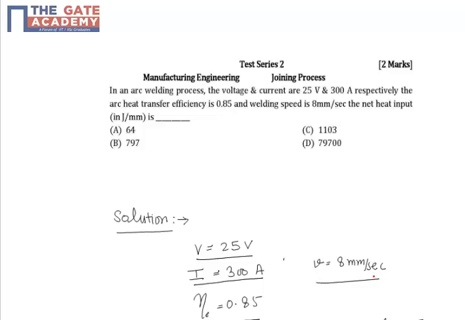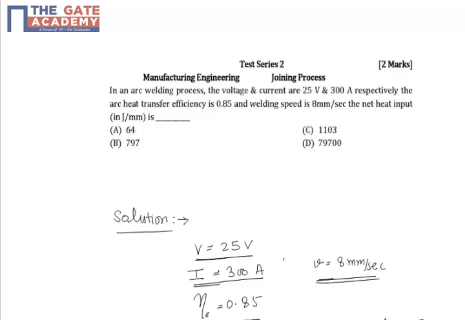The net heat input, we have to calculate the net heat input, and the unit should be in joule per mm. So the solution of this question is, we have been given the value of voltage, the value of current, the value of heat transfer efficiency and the value of welding speed.